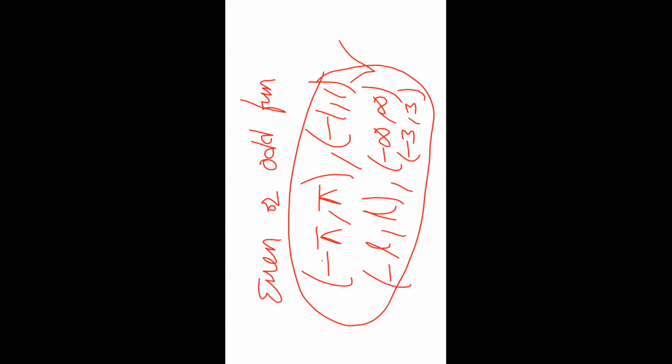So how to check whether the function is even or odd? When the limits are in the symmetric format, suppose the given problem limits are minus pi to pi, or minus 1 to 1, or minus L to L, we have to decide whether the problem is even or odd.